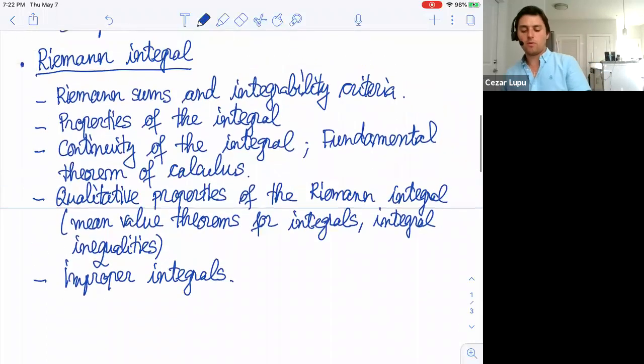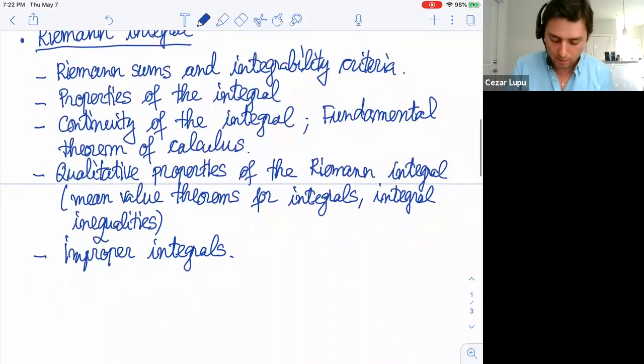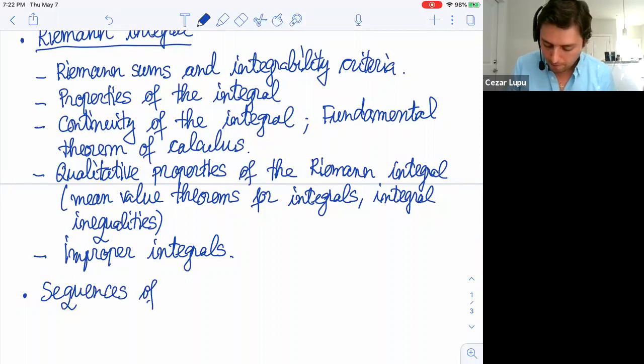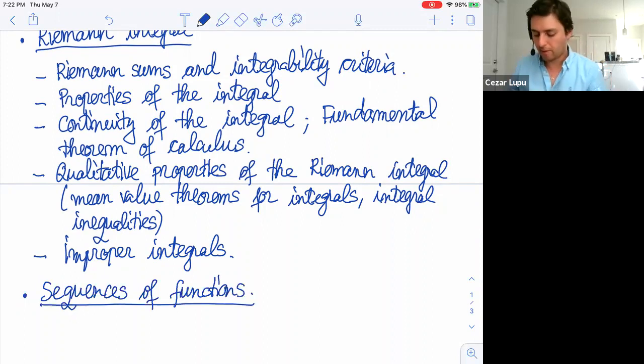And then, after we have done this, we veered towards sequences of functions. This is another notion which is similar to sequences of real numbers, but this time we have sequences of functions.